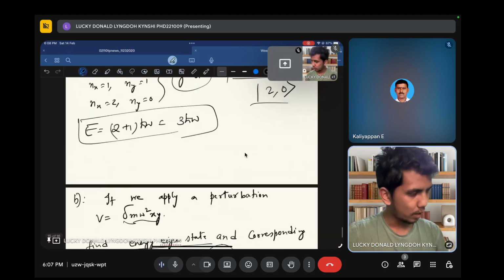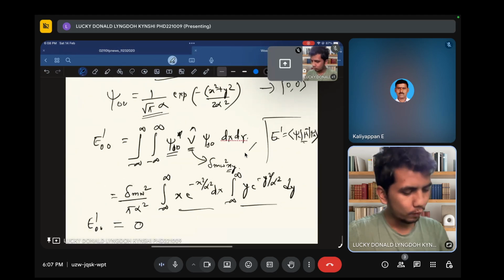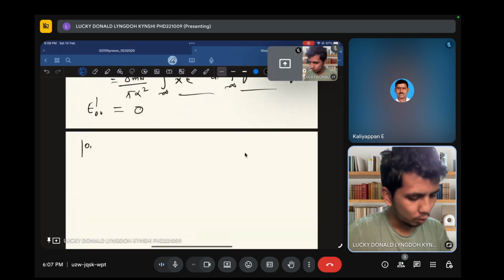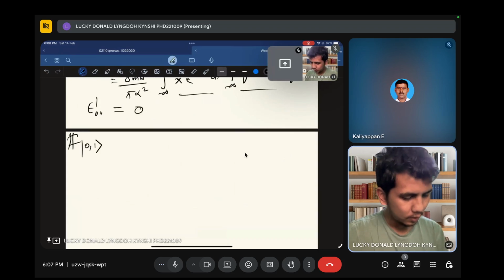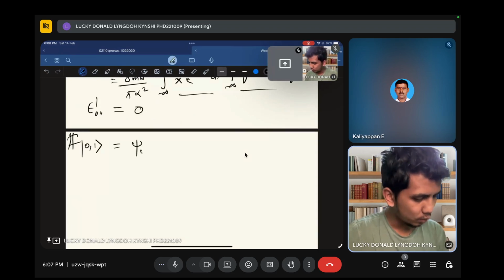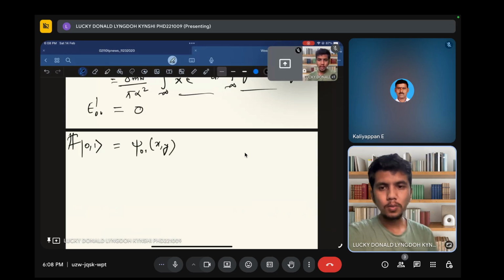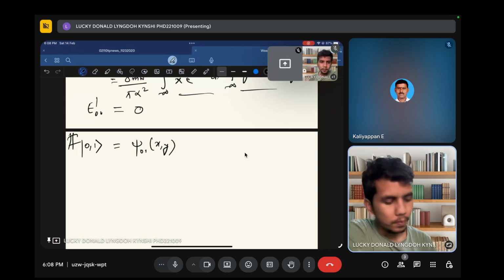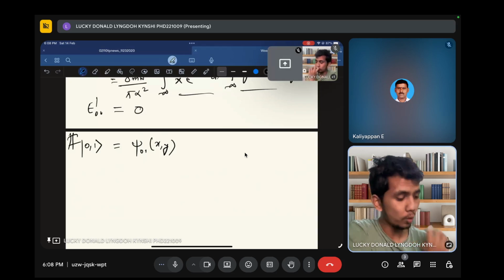So then what happens? You have to write the wave function for 0 1, right? 0 1, which is equal to psi 0 1 of x, y. That means psi n x n y, which is given to you. You substitute n equal to 0 for x, and you substitute n equal to 1 for y.